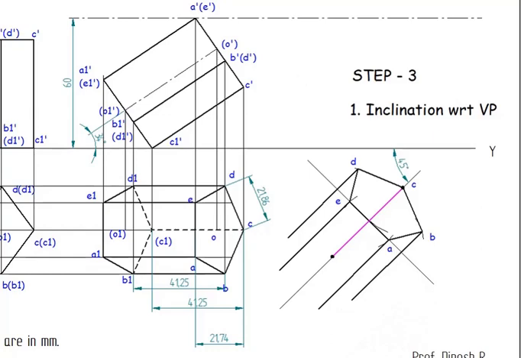Next thing is I'm going to take the distance, and from any lateral edge, the length is 41.25, which is nothing but the apparent length. With 41.25, take the radius. I'll cut a radius of 41.25, I'll just cut an arc.